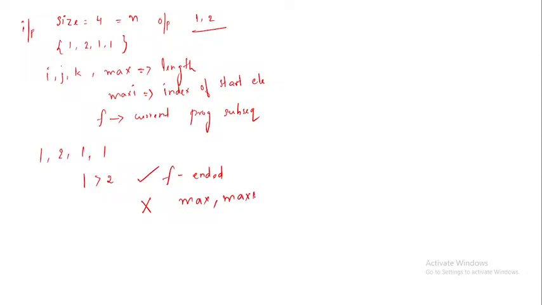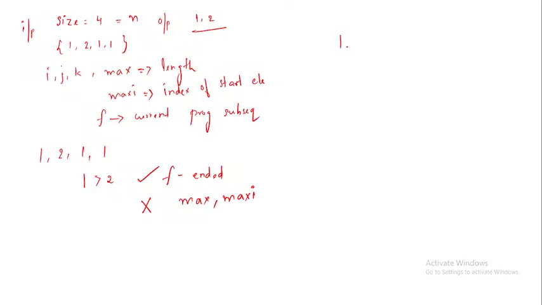One is max and the other one is max I, which represents the index of the starting element of the longest progressive subsequence, right? And after this, if the current progressive subsequence is ended, I'll just compare the length of the current subsequence with the maximum length so far, right? Because already I might have got some value.